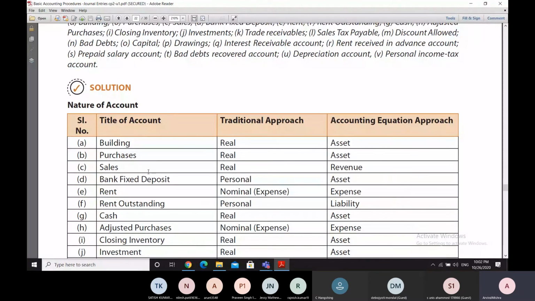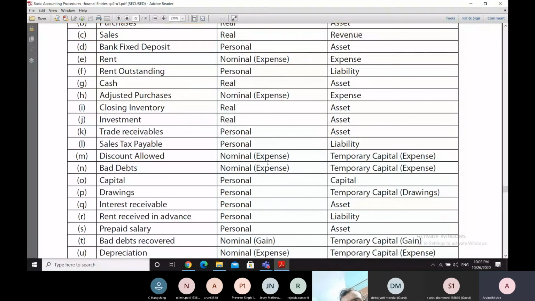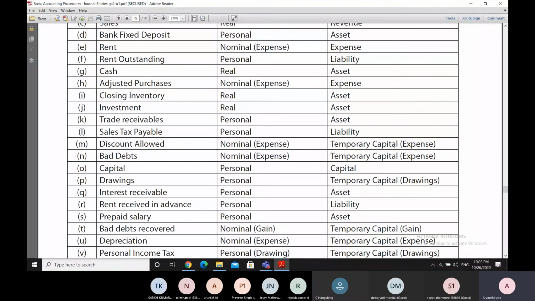So under the list of the accounts, we have divided them into the real, personal, and nominal. And on the other hand, the same accounts are being labeled as whether they are asset accounts or liability accounts, or they are the temporary capital account.